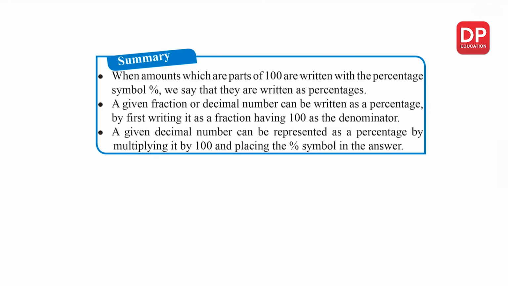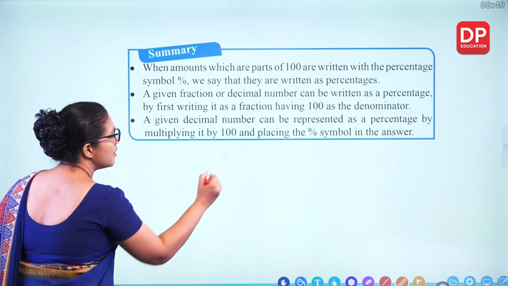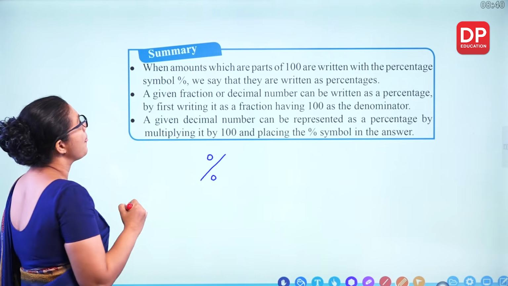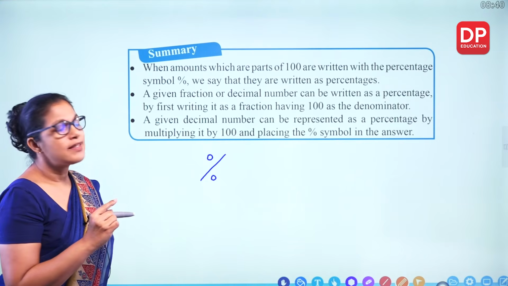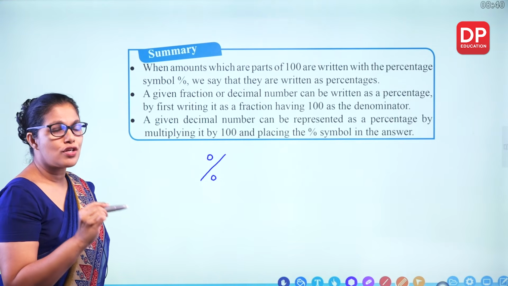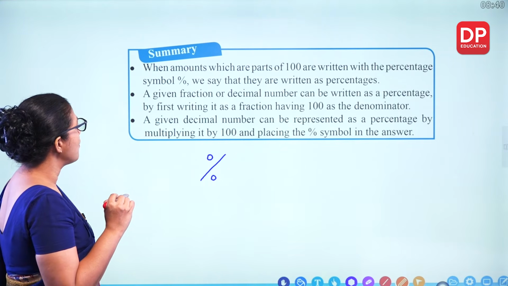So we covered all theory related to percentages. When amounts which are parts of 100 are written with the percentage symbol, we say that they are written as percentages. A fraction with denominator 100.